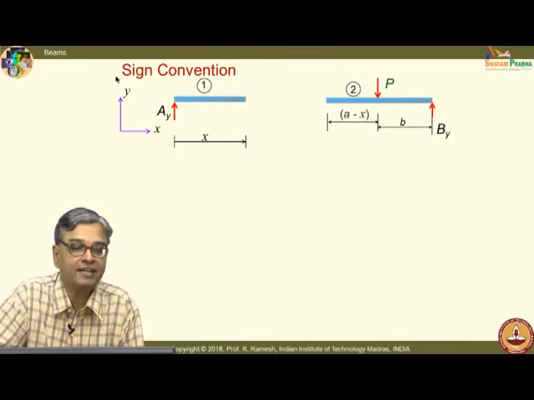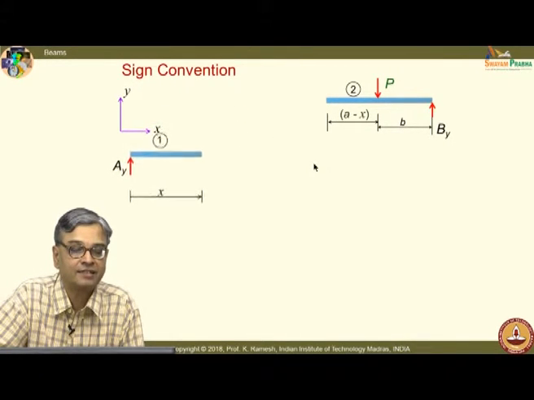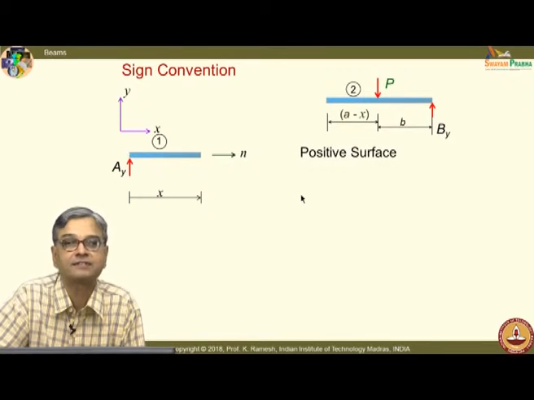You need a sign convention to analyze the left portion or the right portion of the beam. You have to put the normal, and this normal is in the positive direction of the coordinate axis. So, I call this a positive surface.